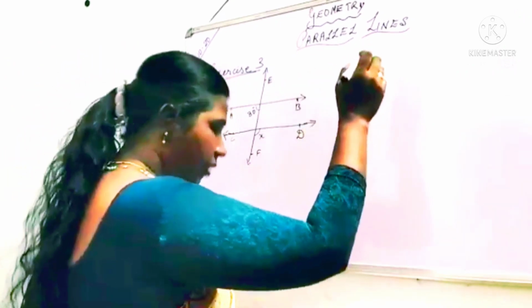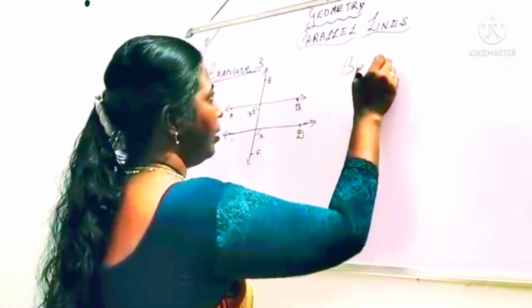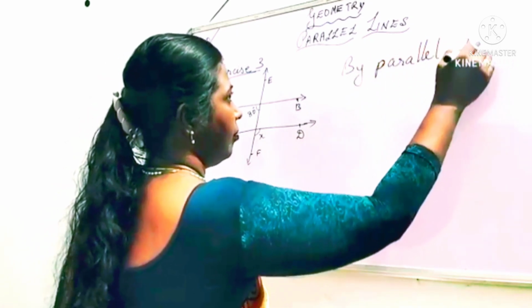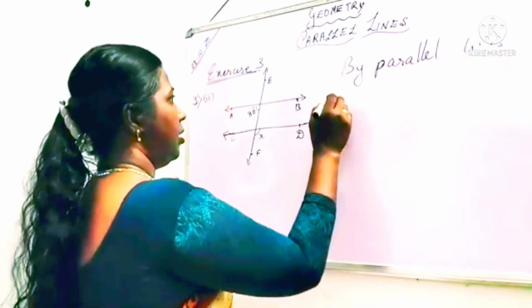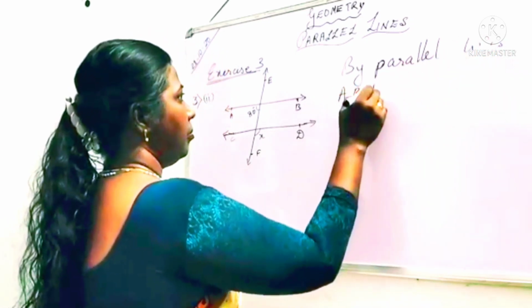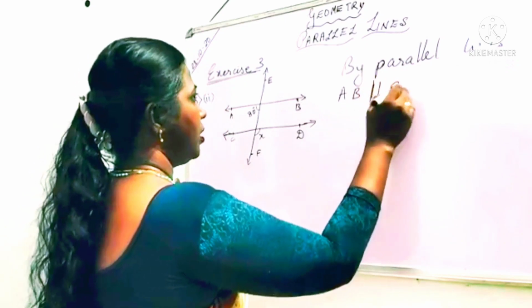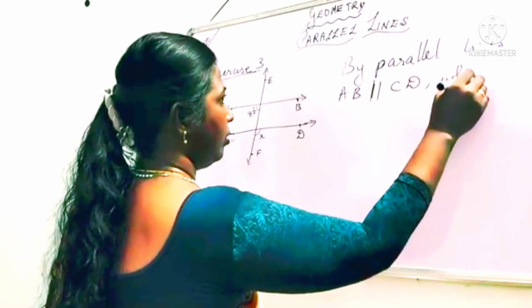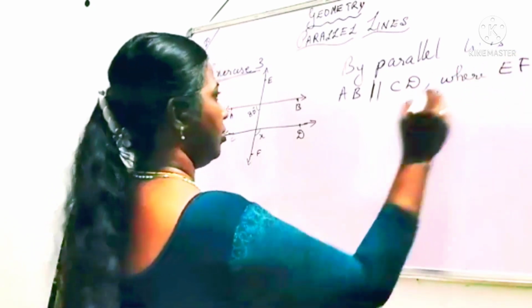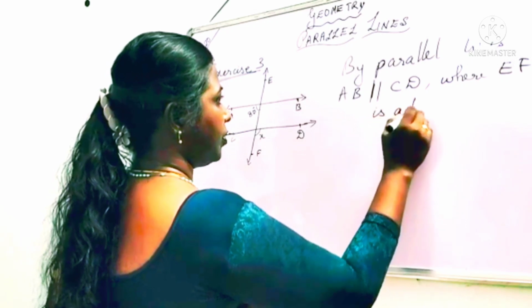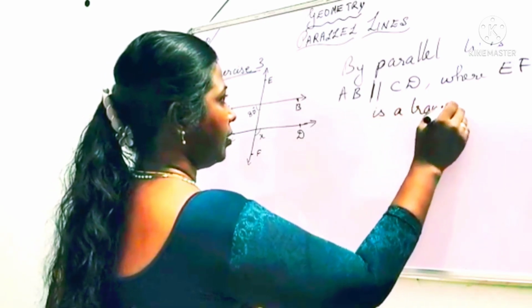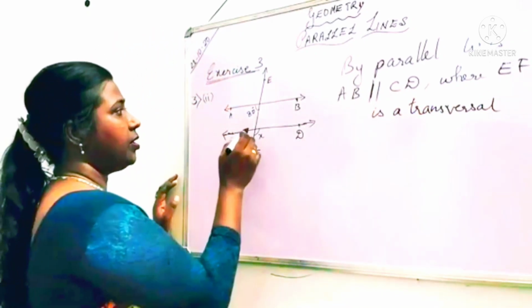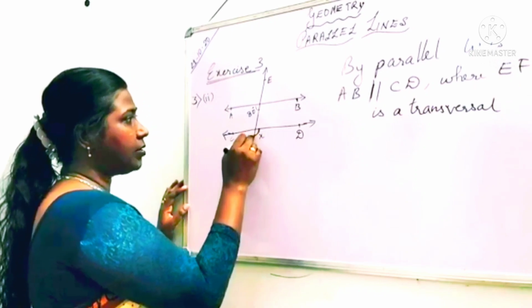So we can write by parallel lines AB parallel to CD, where EF is a transversal. Now see here, x is given, this angle is given x.